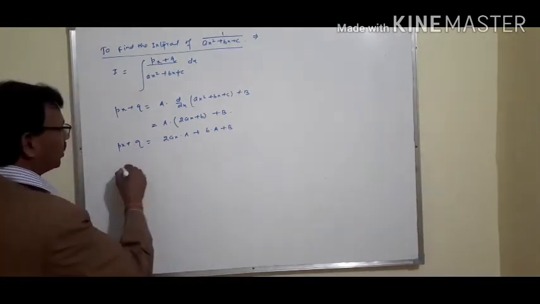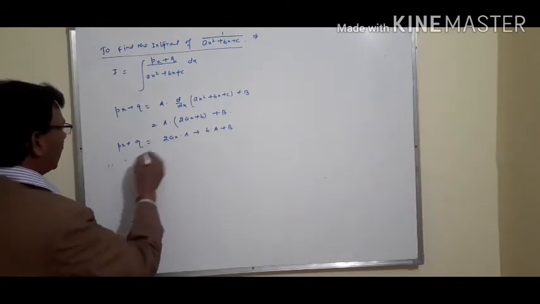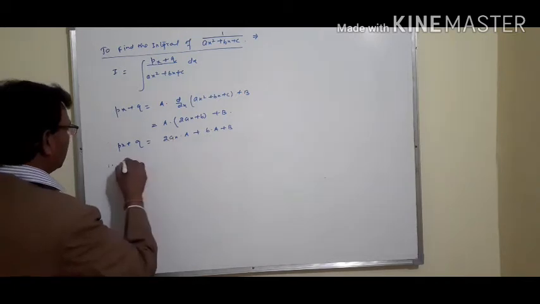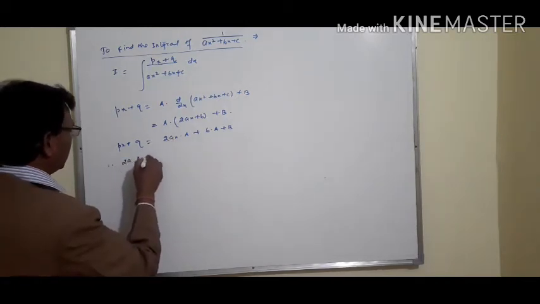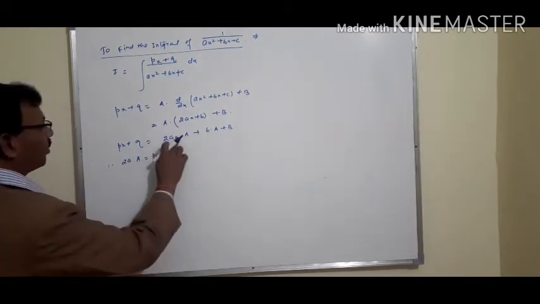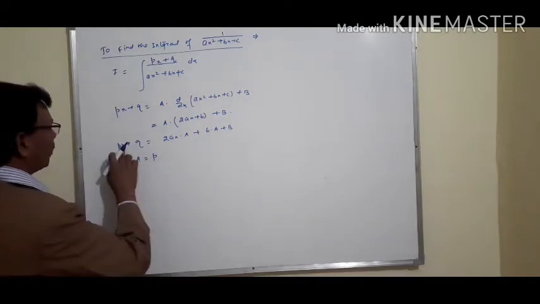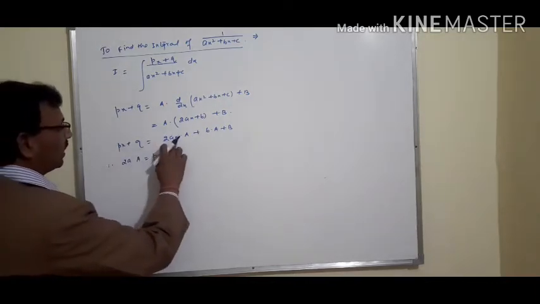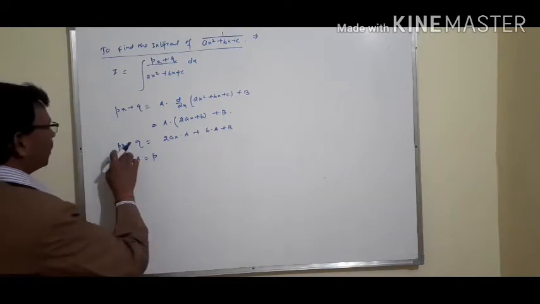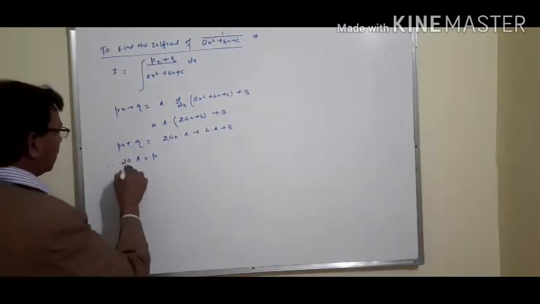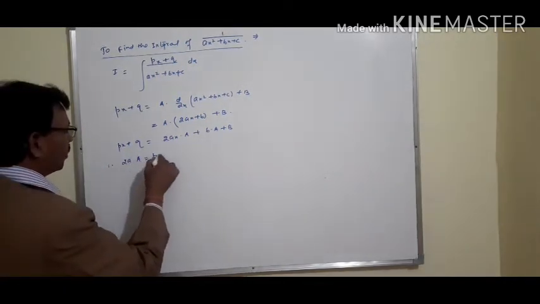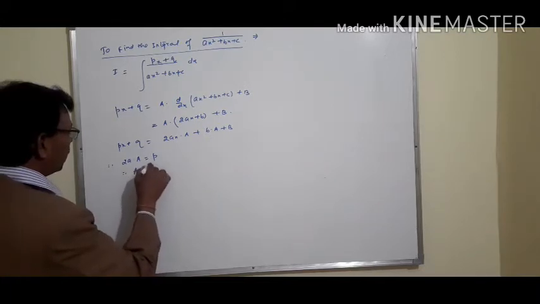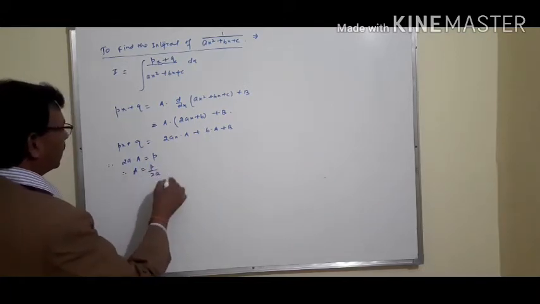On comparing both sides, therefore 2ax means 2a into A. 2a into A equal to p, that means the coefficient of x on the right side is equal to the coefficient of x on the left side. Then 2aA = p, therefore A = p upon 2a.